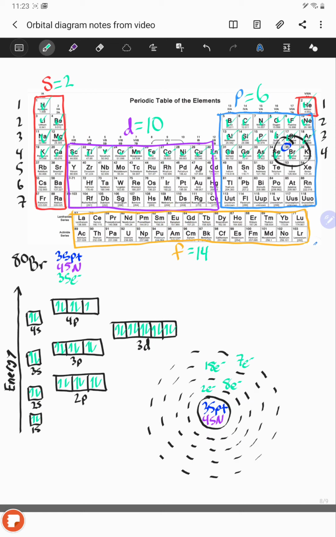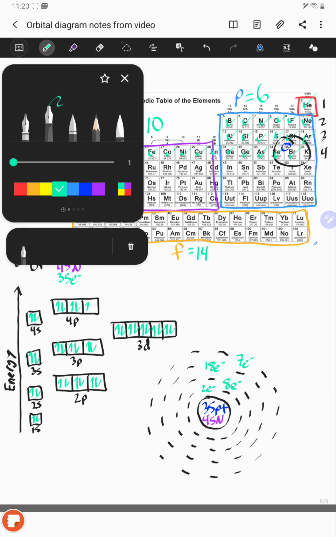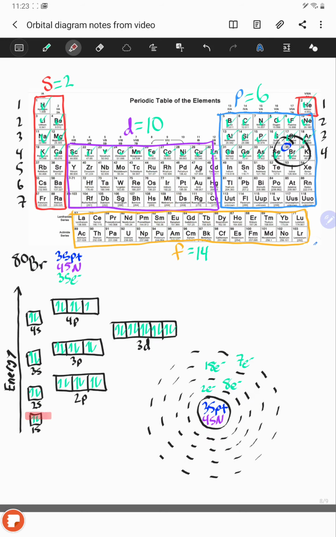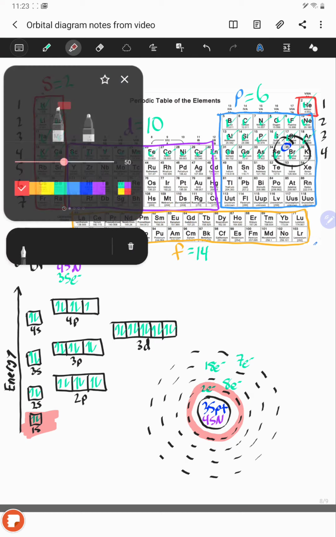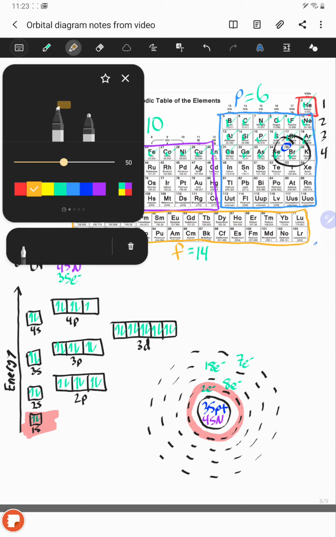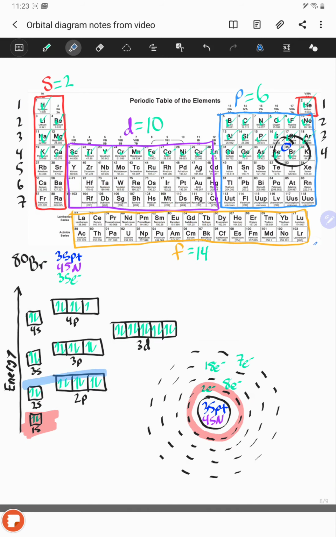And then let's double check our work on this Bohr model by comparing it side by side to our orbital diagram here. So I have our first energy level. One is going to have 2 electrons. We have 2 electrons here. Our second energy level has a total of 8 electrons.